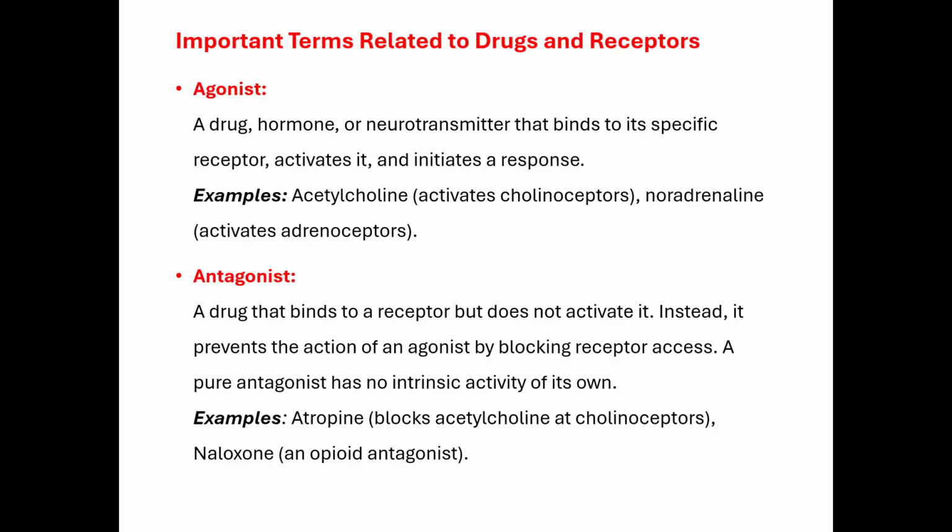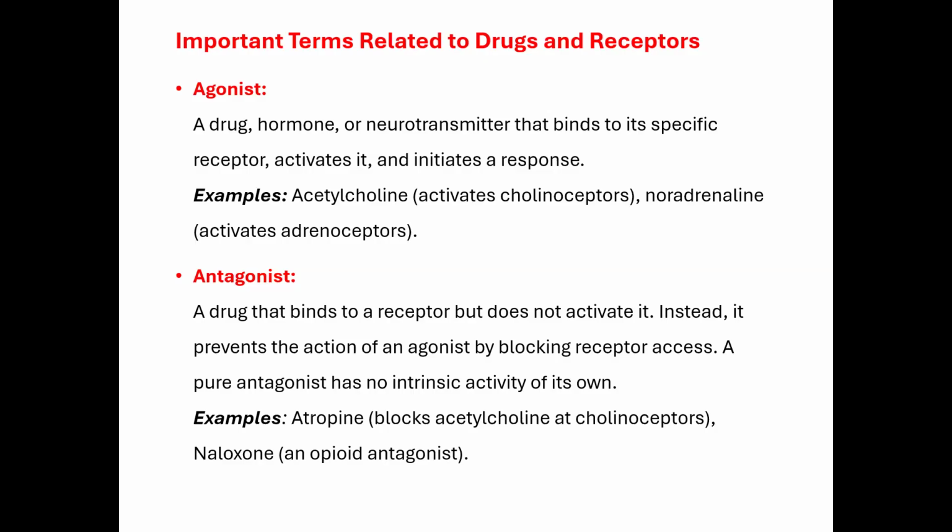Then we also have an antagonist, a drug that binds to the receptor but does not activate it. Instead, it prevents the action of the agonist by blocking access. An antagonist has affinity, it binds to the receptor, but it doesn't usually have intrinsic activity on that receptor.